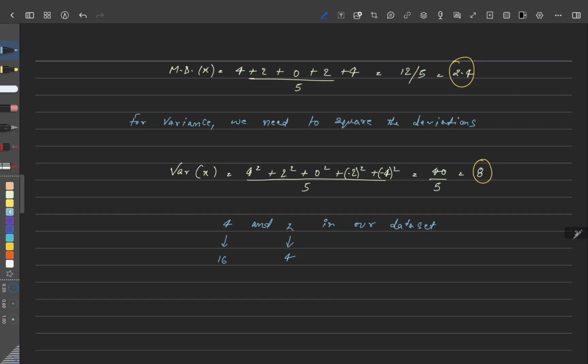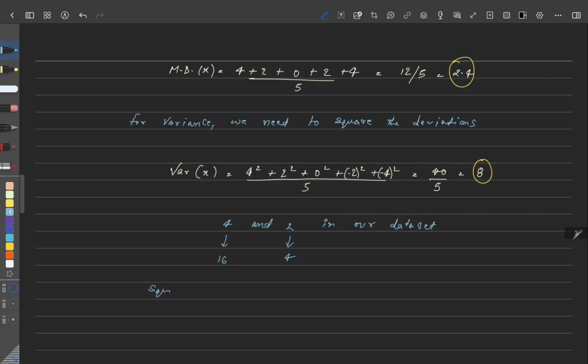The squared deviation of 4 is 16, and the squared deviation of 2 is 4. So basically 4 and 2 are deviations, but when you square them, it's 16 and 4. That's what I'm trying to say. This tells us that squaring the deviations makes bigger differences even more bigger, right?